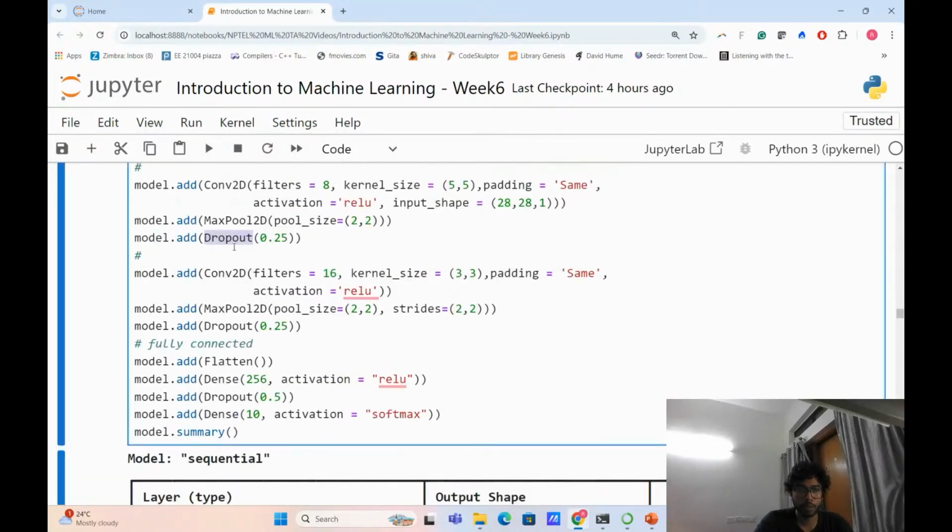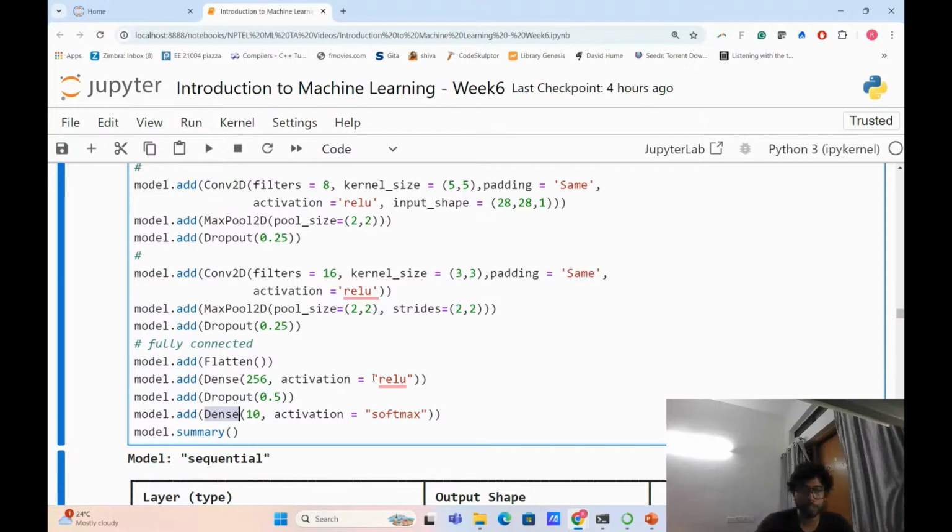In this way, you can drop out some of the pixels. So here 0.25 means 25% of the pixels will be dropped out. That is another dimensionality reduction step that's happening over here. And then again, you add another convolution, another pooling layer, another dropout, and finally you flatten the data, and then you add dense steps, and again dropout, and again another dense step.